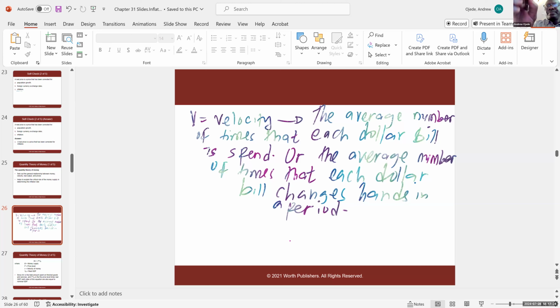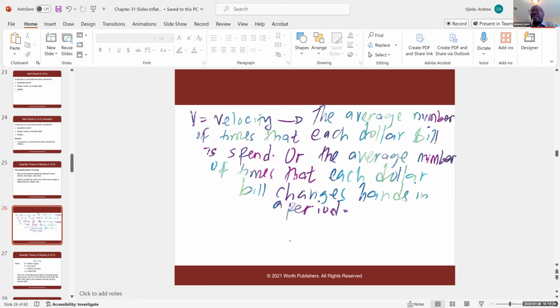For example, if I go to my bank and withdraw one new dollar bill, and then I go to a convenience store and buy a pack of gum with it, I've given somebody my dollar bill. The owner of that convenience store may use that dollar bill to pay their employee. Then their employee spends that dollar in Walmart, and Walmart uses that dollar bill to pay their employee.